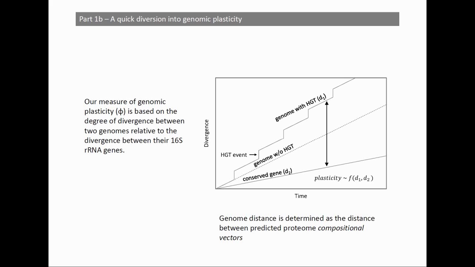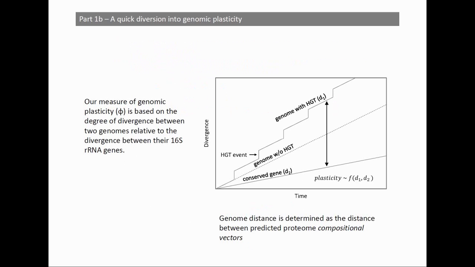The functional aspects of the genome without horizontal gene transfer will diverge at a faster rate. And as we start to add in horizontal gene transfer events or genome streamlining events, we will get increases in the amount of divergence. So the plasticity is some function of these two measures of distance between the conserved gene and the genome itself.